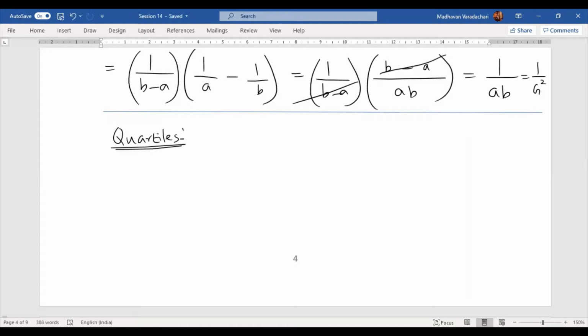Then focusing on a central value from the first 50% of the observations, you call it quartile 2. Then given a set of data, focusing on the central value of the first 75%, you call it quartile 3. So there are 3 quartiles.